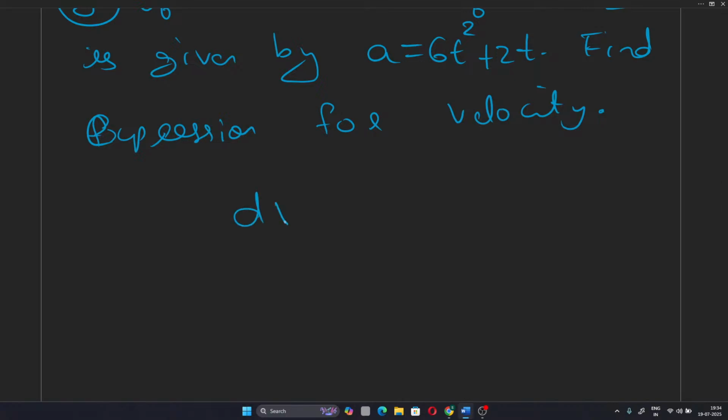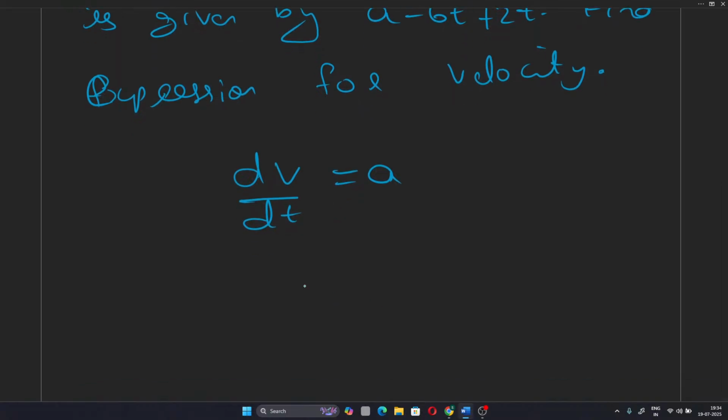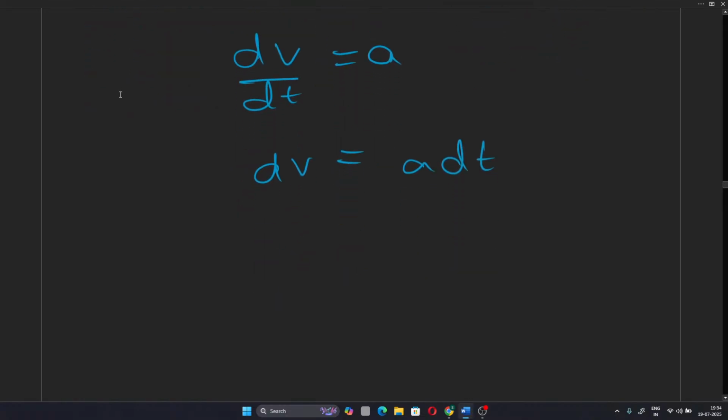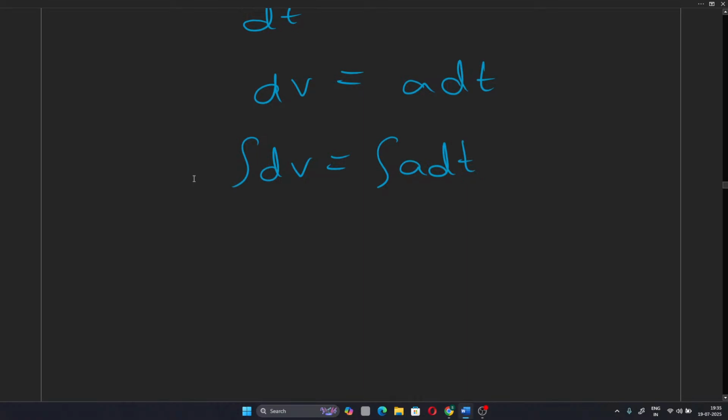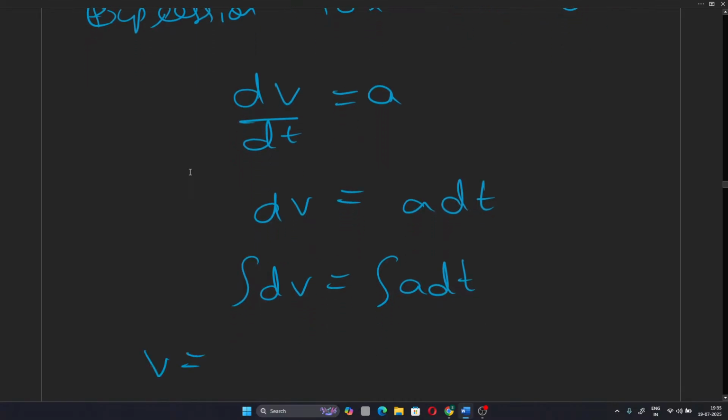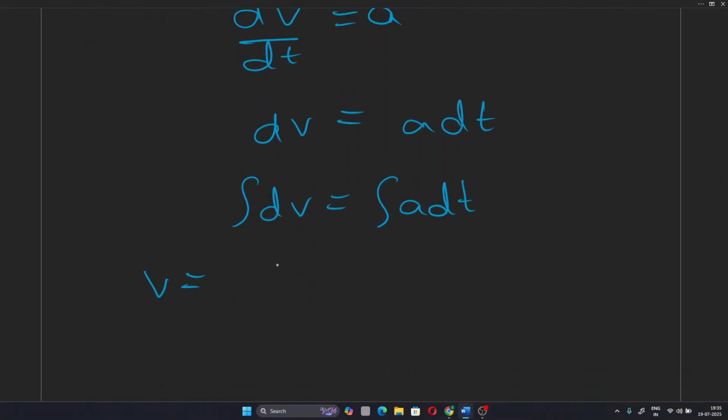We know that dv by dt equals acceleration, and to find dv we need to find a times dt. So when we integrate dv we will get the integration of a with respect to dt. v equals the integration of 6t square plus 2t with respect to dt.